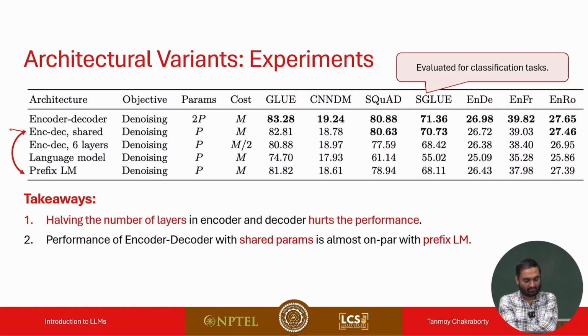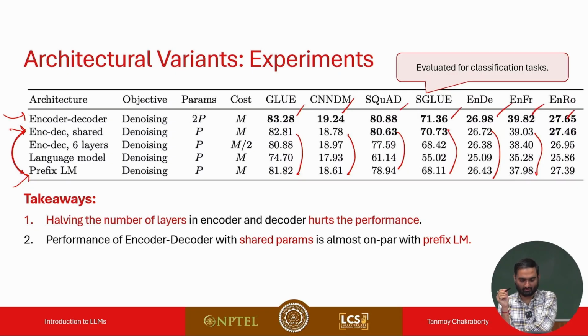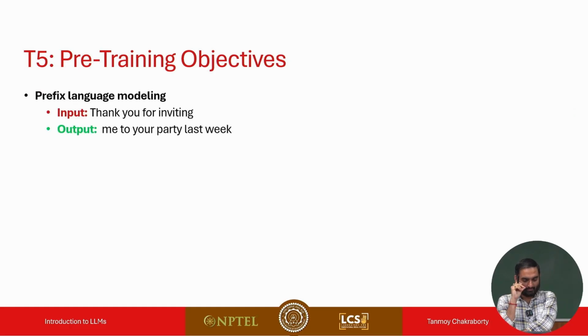If you compare shared encoder-decoder and prefix LM, performance of encoder-decoder with shared parameters is almost on par with prefix. You see numbers are quite close, sometimes worse, sometimes better, but on par. But of course, the encoder-decoder model, their model, is always better than other models.